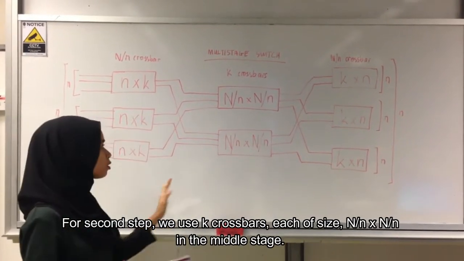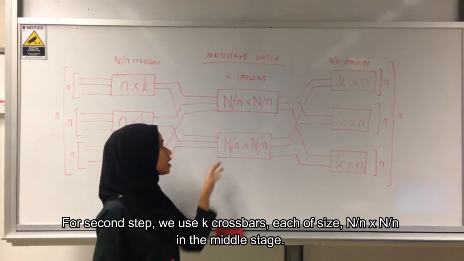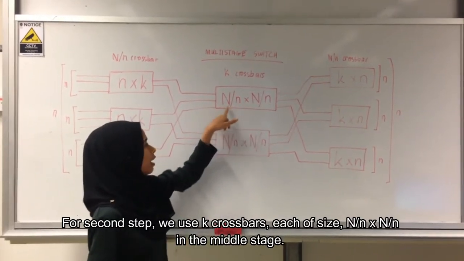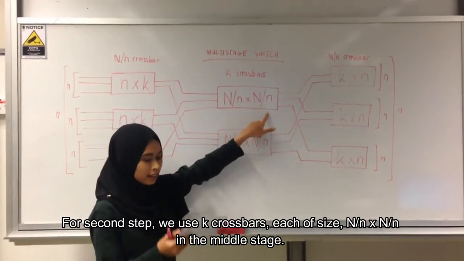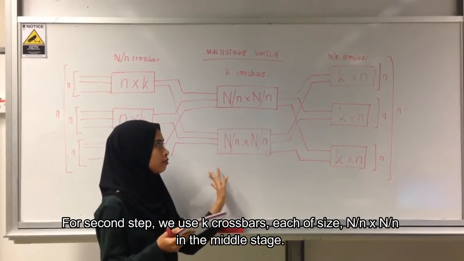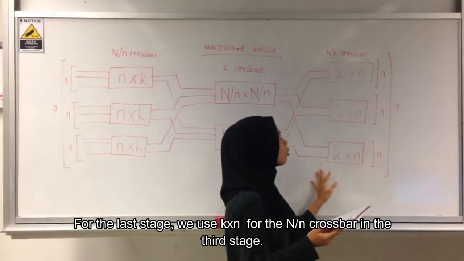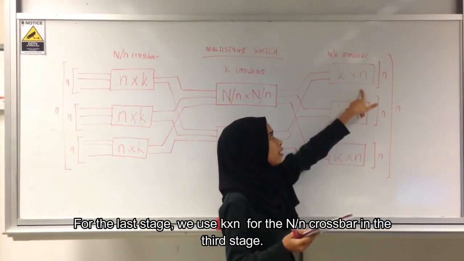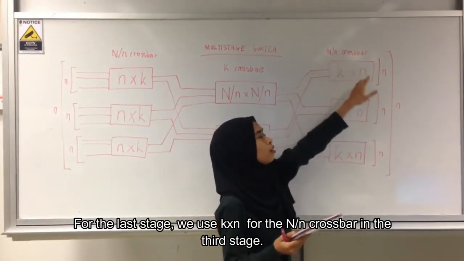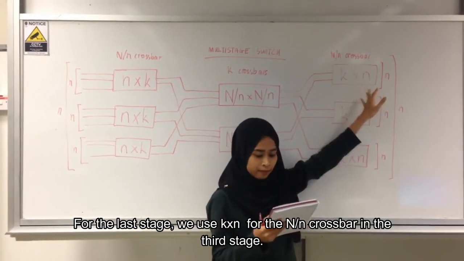Second step, we use K crossbars, each of size N per n times N per n, in the middle stage. For the last stage, we use K times n for the N per n crossbar in the third stage.